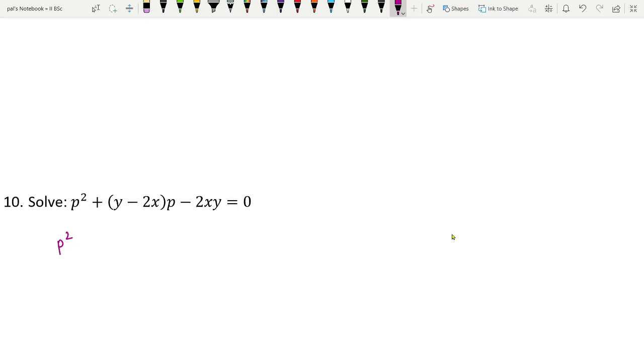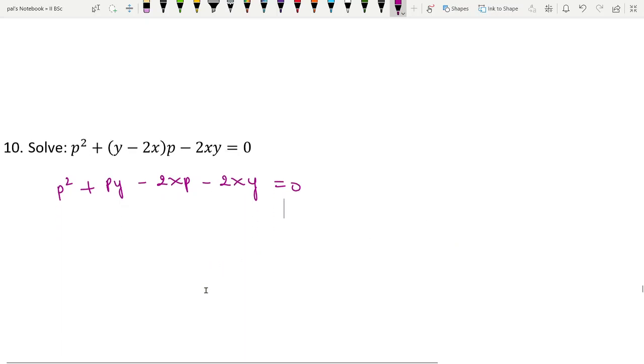Okay, it is p square plus, you write it as py minus 2xp minus 2xy is equal to 0. Now you take p as a common factor from the first two terms.